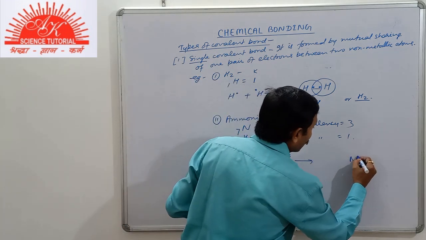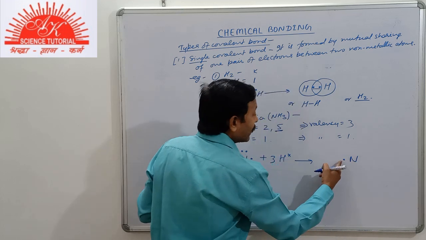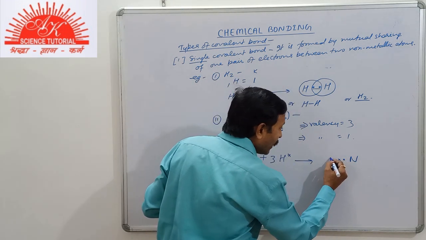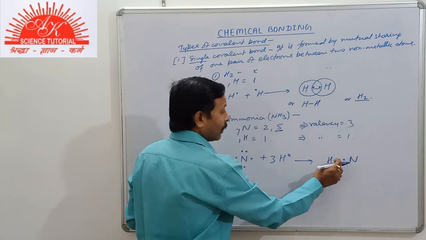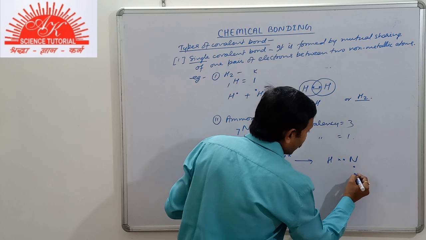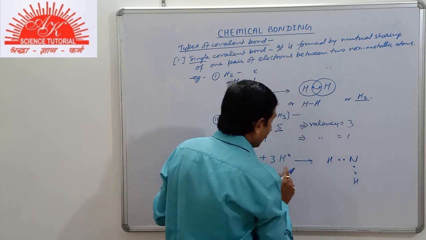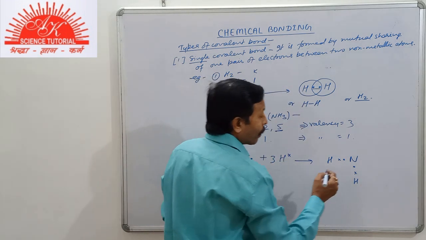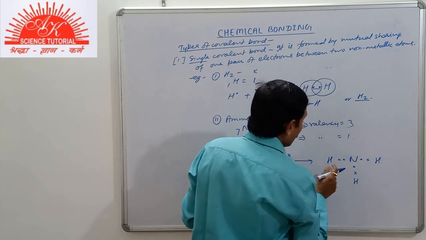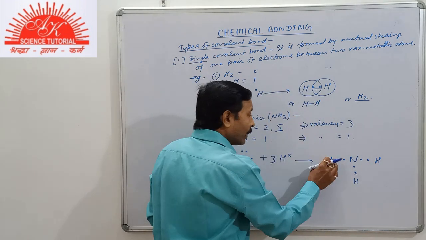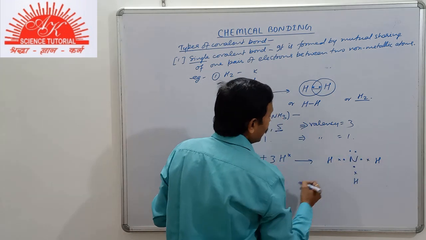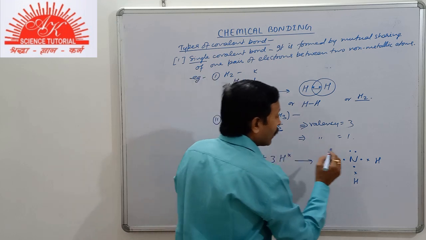Nitrogen requires 3 electrons. So first of all, it shares 1 electron with 1 hydrogen atom, that is 1 from nitrogen, 1 from hydrogen. Similarly, another electron with another hydrogen atom, the third electron with another hydrogen atom. So it required 3 electrons, it has shared 3 electrons, and this one is left.